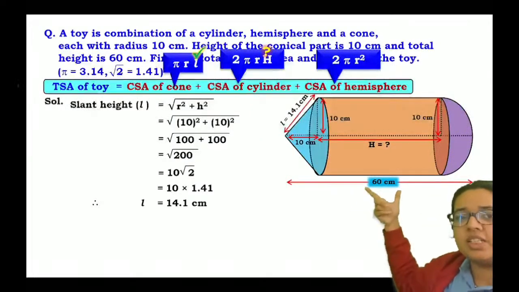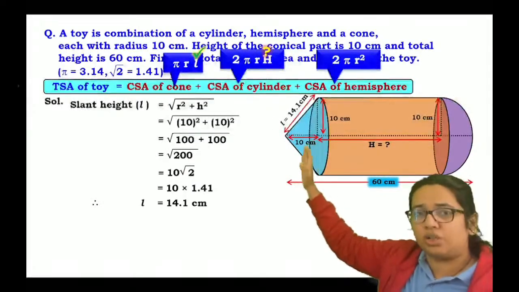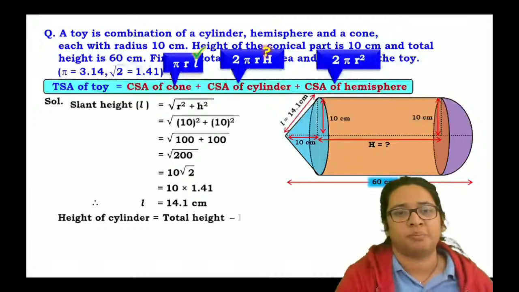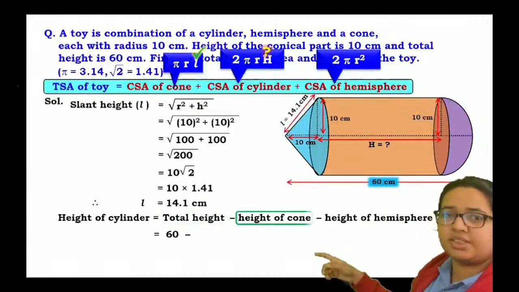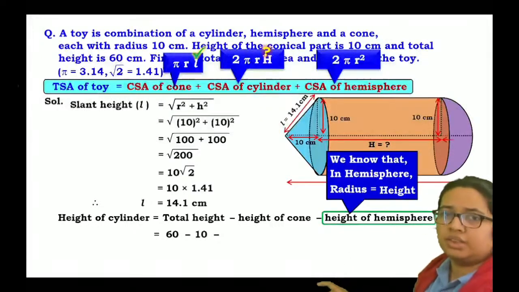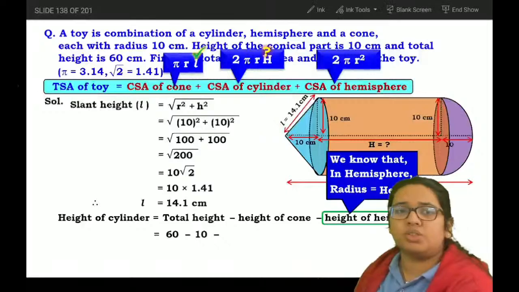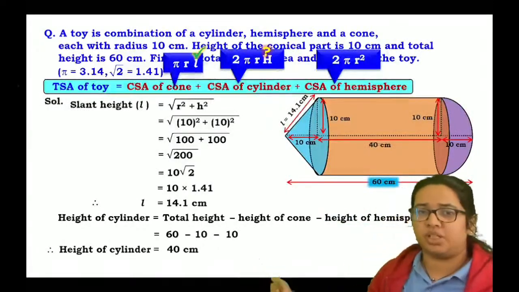So capital H is the height of the total toy minus the height of the conical part minus the height of the hemisphere. So the total height is 60 minus 10 minus 10. Obviously, because for a hemisphere the radius and height are the same. So the height of the cylinder will be 40 centimeter here.